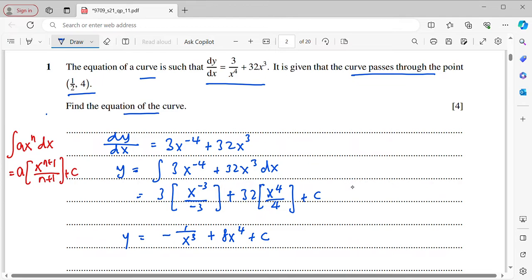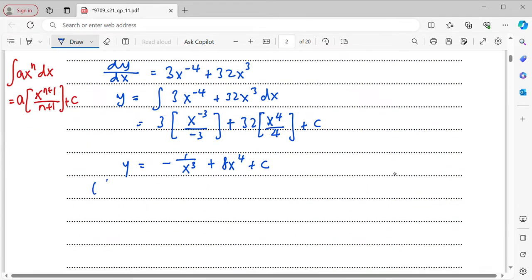To find the c, we need to substitute the point (1/2, 4), which means when x equals a half, my y is 4. So 4 equals negative 1 over (1/2) cubed plus 8 times (1/2) to the power of 4 plus c.